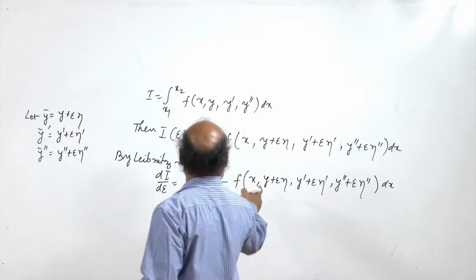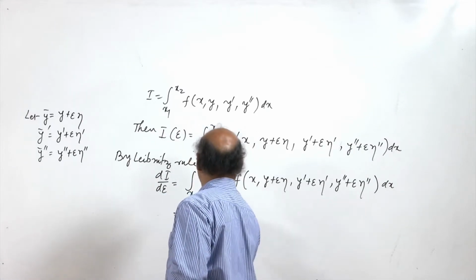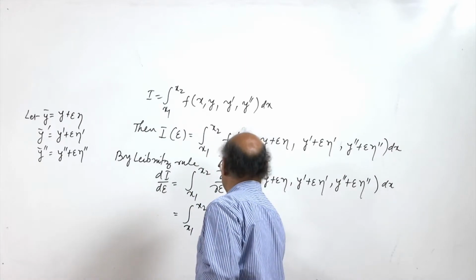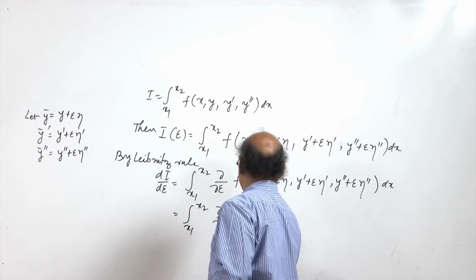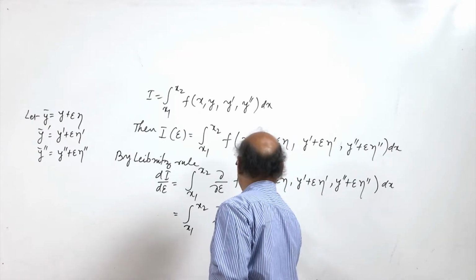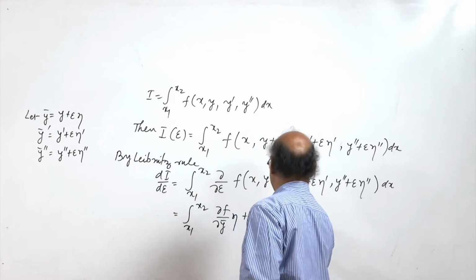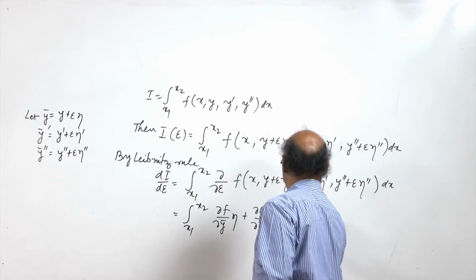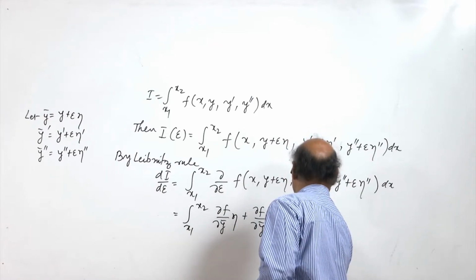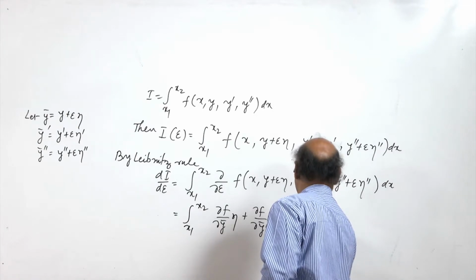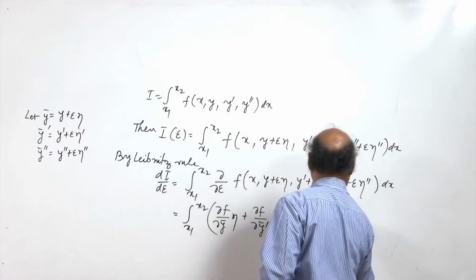So then when we differentiate this with respect to epsilon, we shall have the integral of delta f over delta y bar into eta plus delta f over delta y bar dash eta dash plus delta f over delta y bar double dash eta double dash dx.